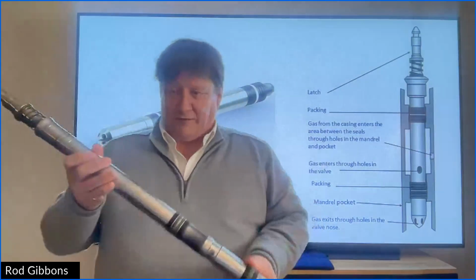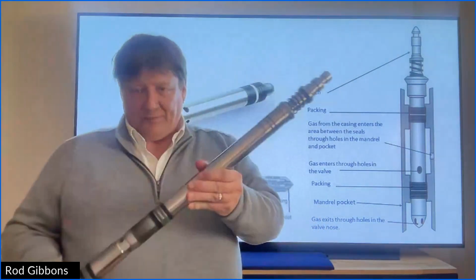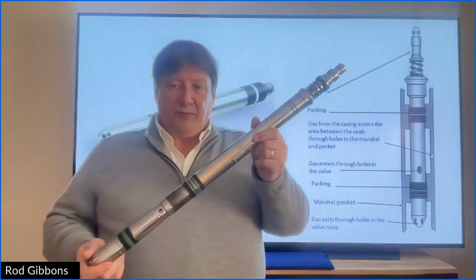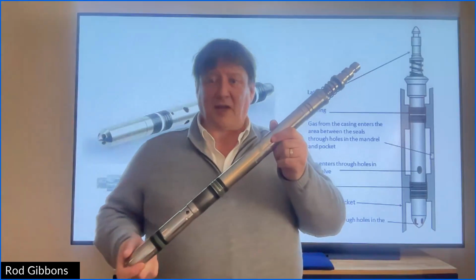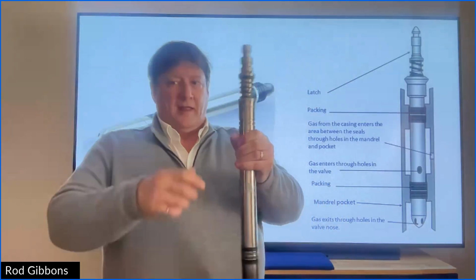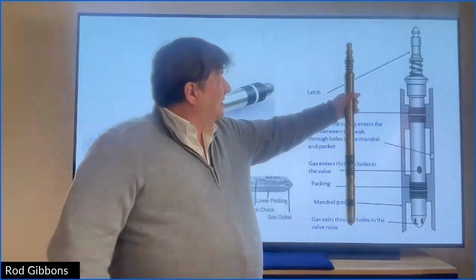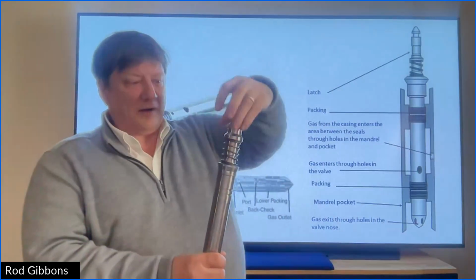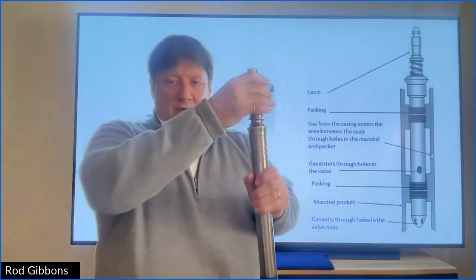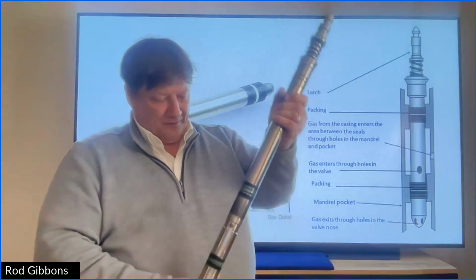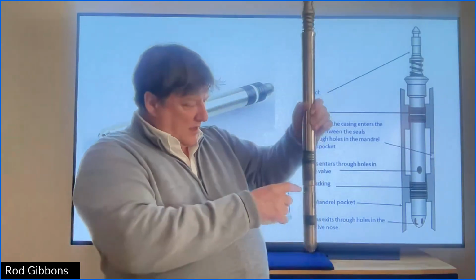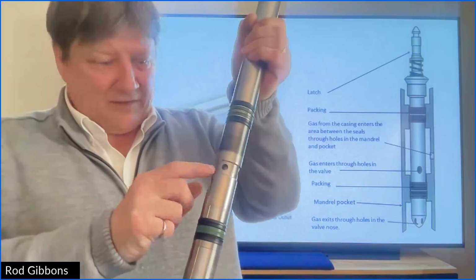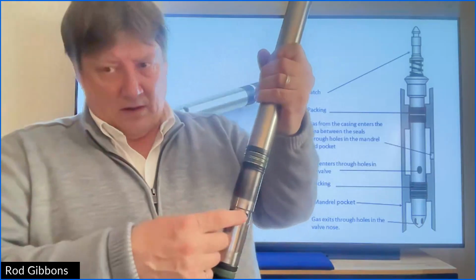So I do have an actual gas lift valve. This is an inch and a half in diameter, which is I would say kind of the most common size. And I just hold it up like this. You can see it's almost to scale. So this top part is just purely for pulling and running the valve. And then there's holes drilled in the valve here, just like on the diagram.